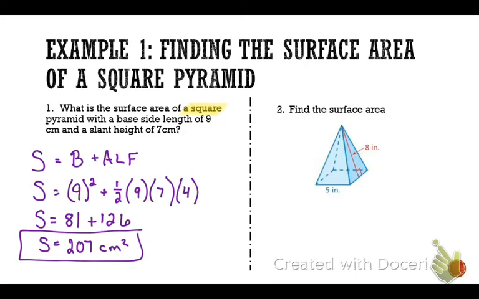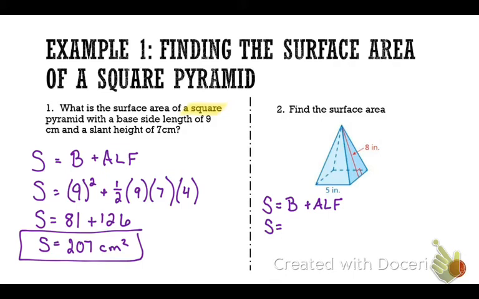All right, so here we go. Surface area equals the area of my base plus the area of my lateral faces. Can y'all calculate the area of the base? Surface area equals.